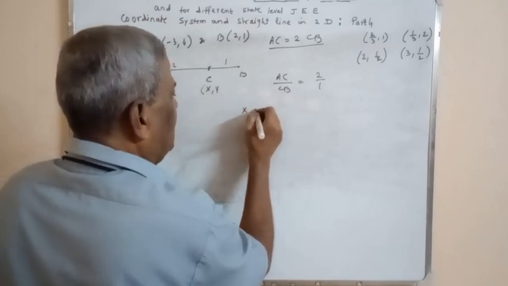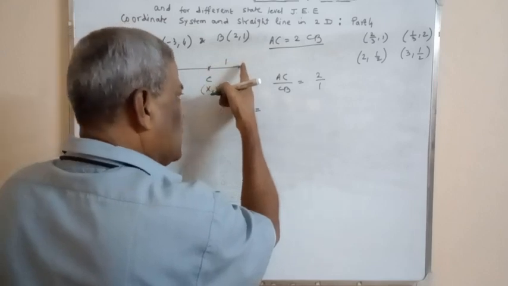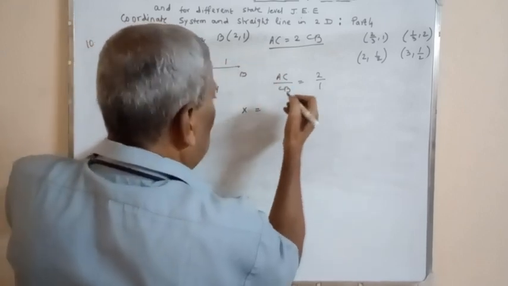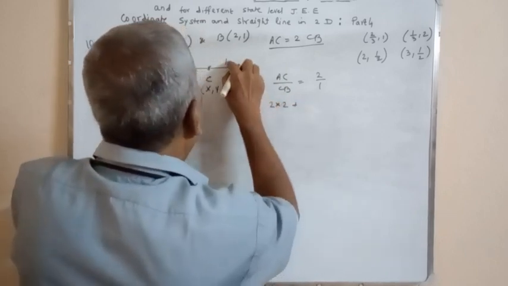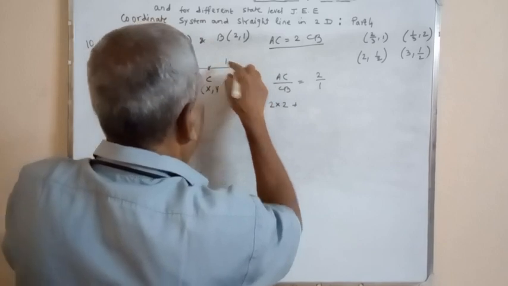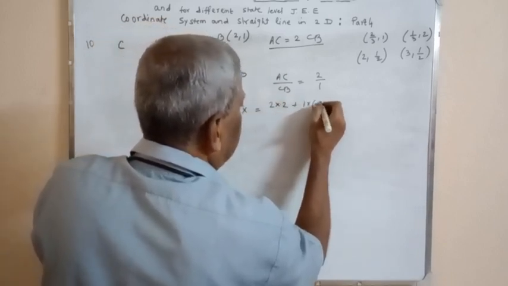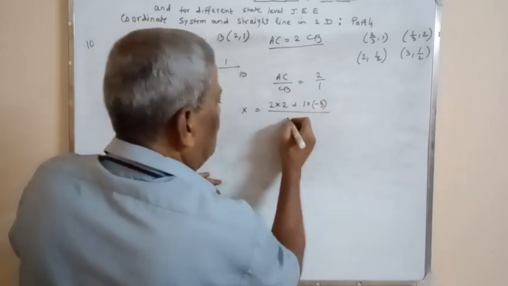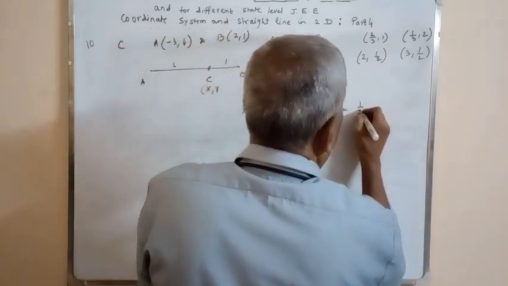X coordinate is equal to 2 into X coordinate of the farthest point, that is 2 into 2, plus 1 into X coordinate of that point, that is minus 3, divided by sum of the 2 plus 1, which is equal to 1 by 3.